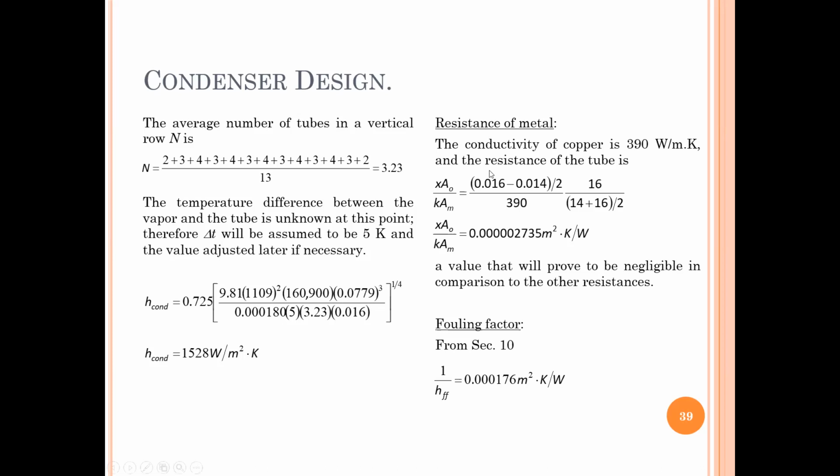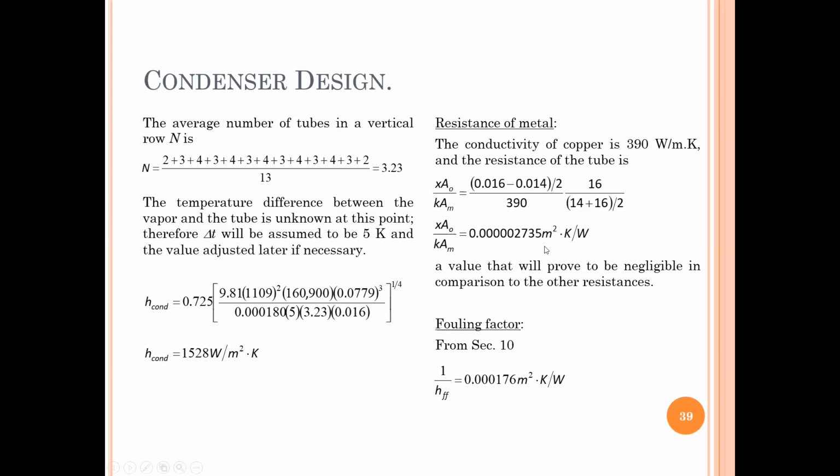Now, for the metal, the copper k is 390 watts per meter Kelvin. And the resistance of the tube, x over k, is 0.016 minus 0.014 over 2 over 390, times 16 over 14 plus 16 over 2, ito yung mean. Yan. This is now 0.00002735 meters squared Kelvin per watt.